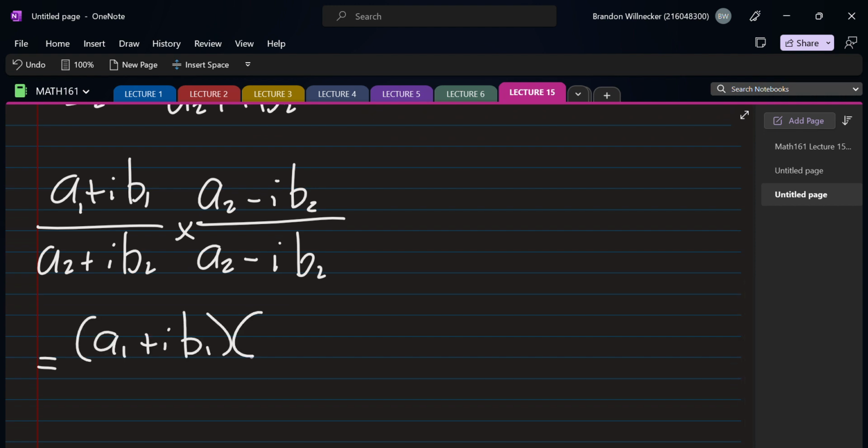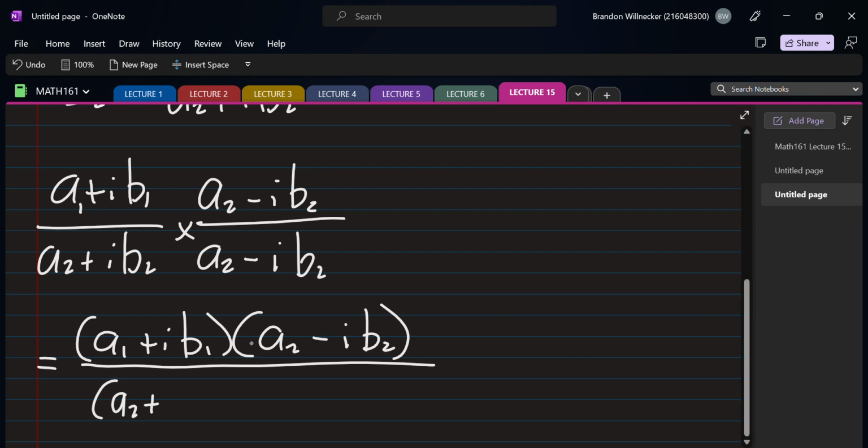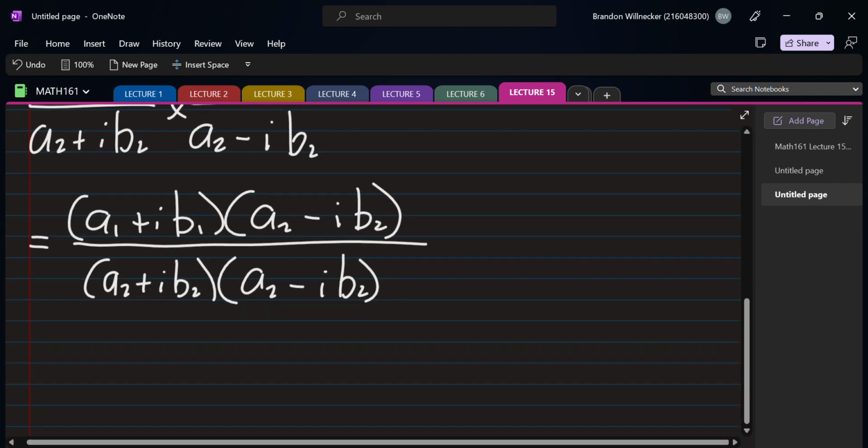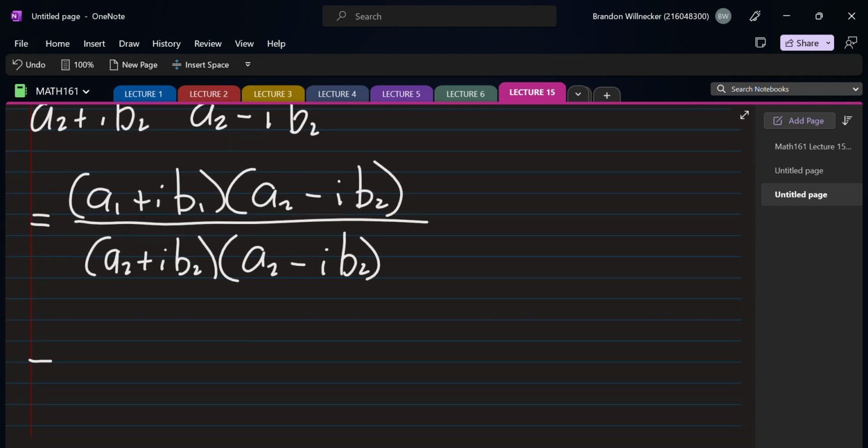So we end up with a1 plus i b1, a2 minus i b2, remember the minus there, divided by a2 plus i b2, a2 minus i b2. Now let's multiply the top and the bottom.